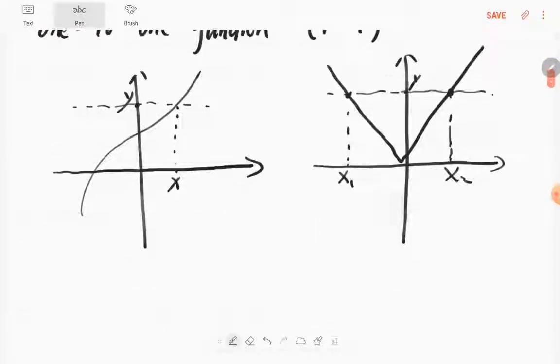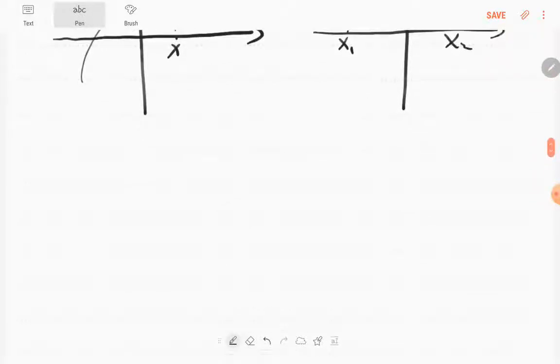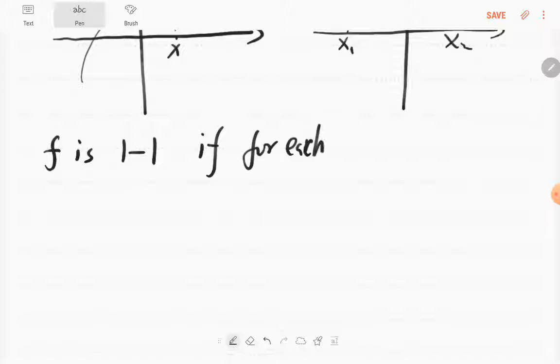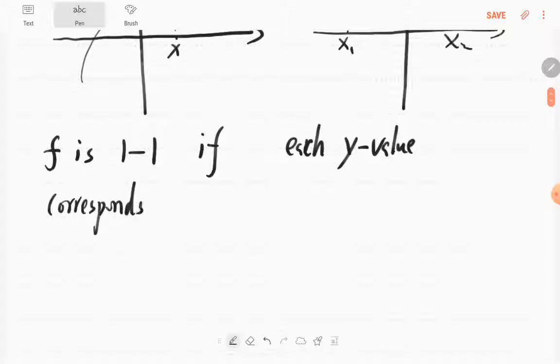So we say a function f is one-to-one if each y value corresponds to only one x value.